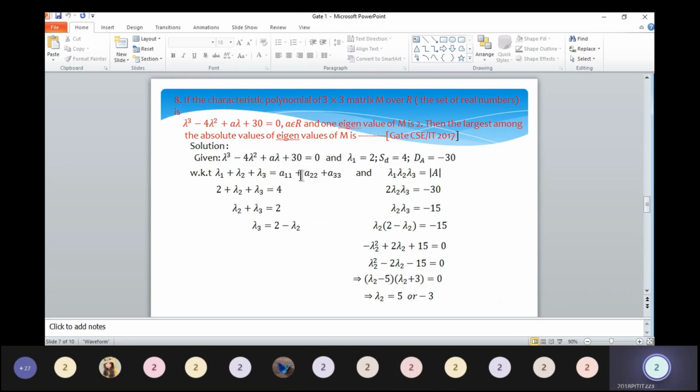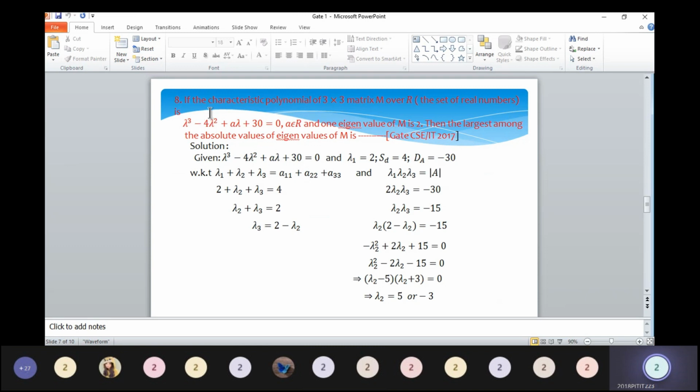Using properties of the eigenvalues: the sum of the eigenvalues equals the sum of the main diagonal elements of the matrix.